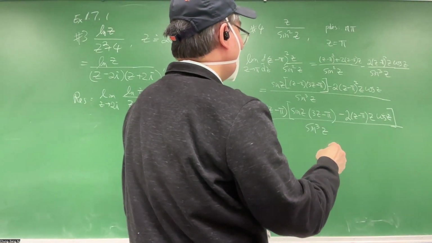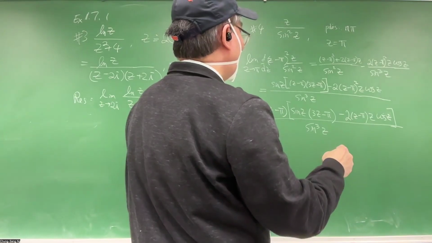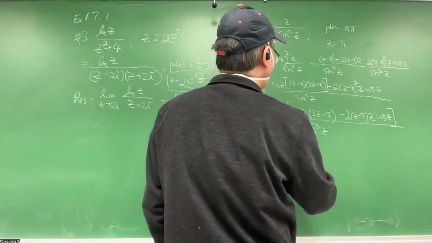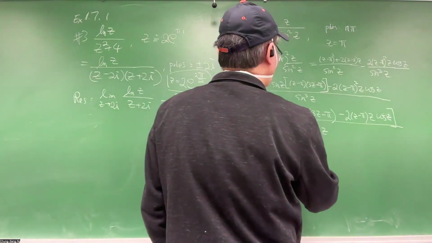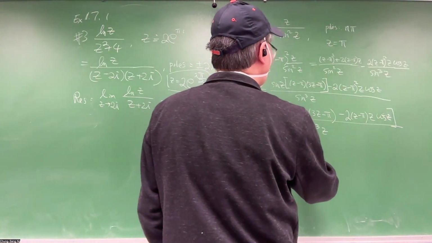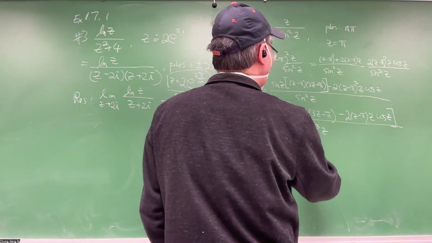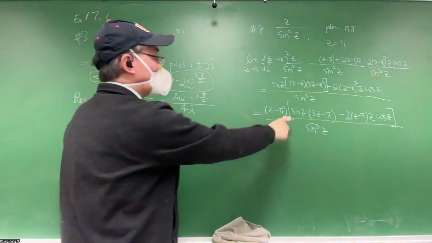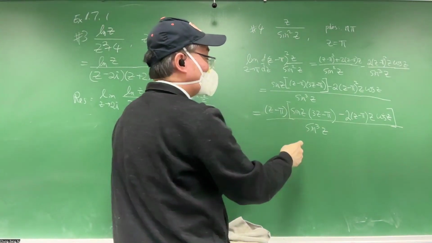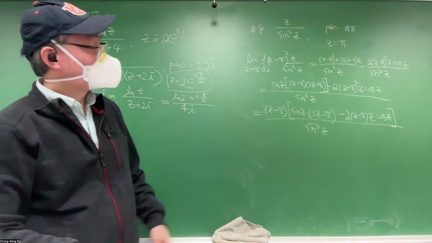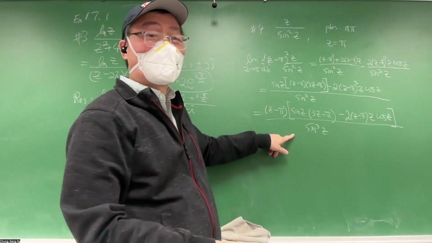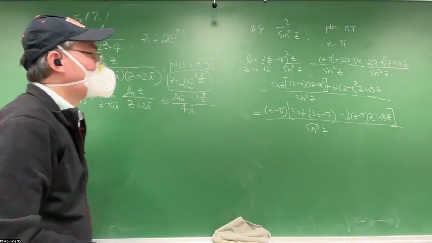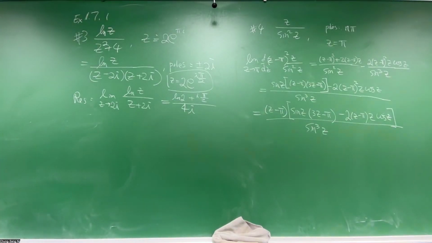And now what do you do to get the cancellation? You can either, whatever they call it, take the derivative of the numerator, and keep doing that until you get a limit.